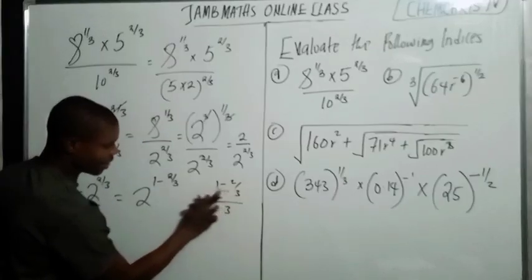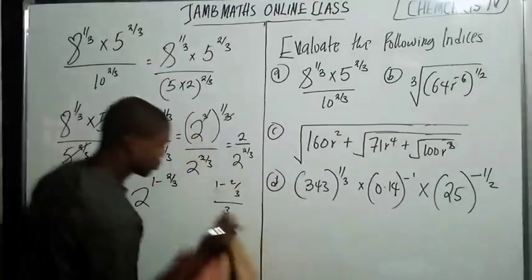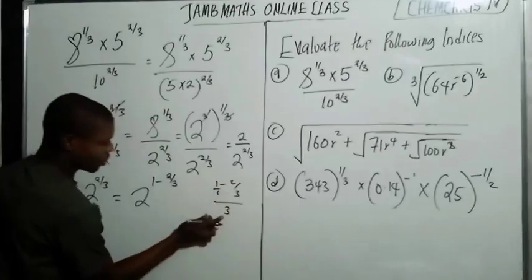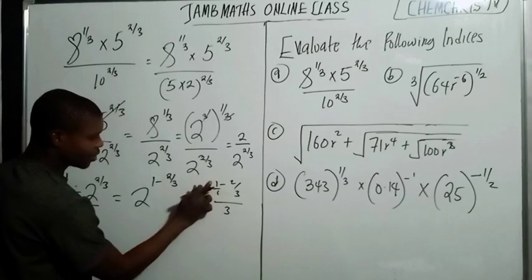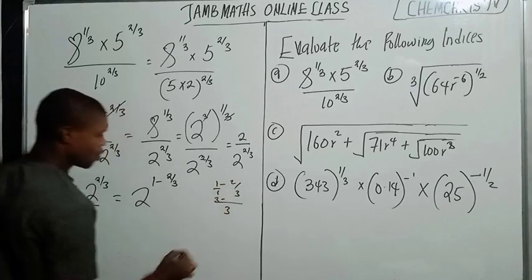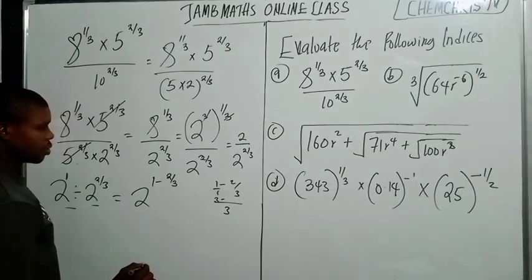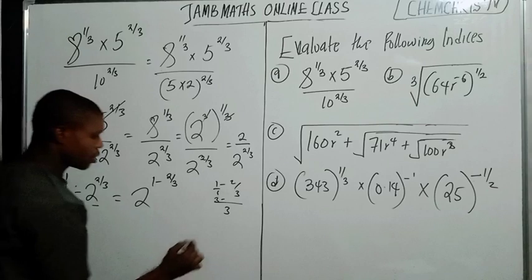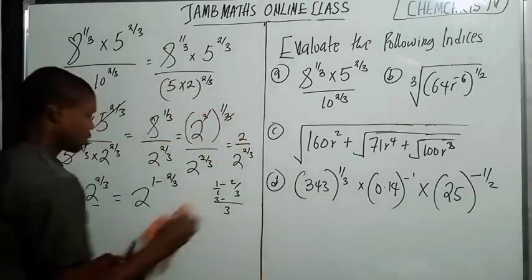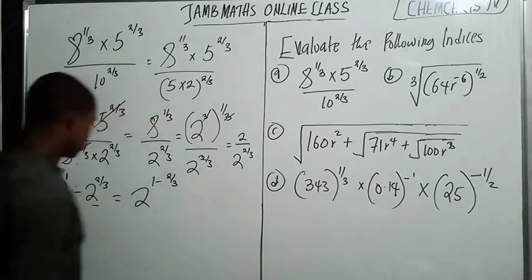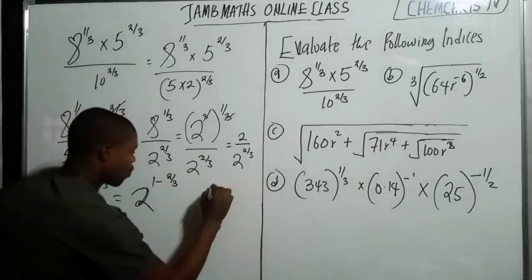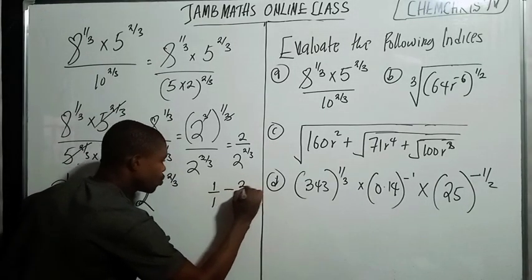So if we evaluate this, it's going to be 1 over 1 minus 2 over 3.